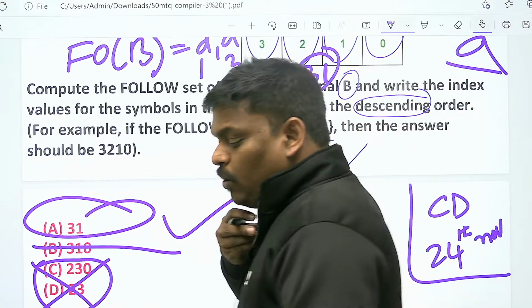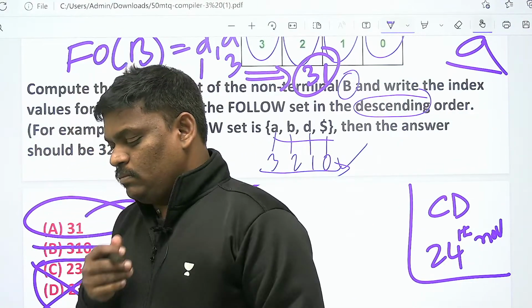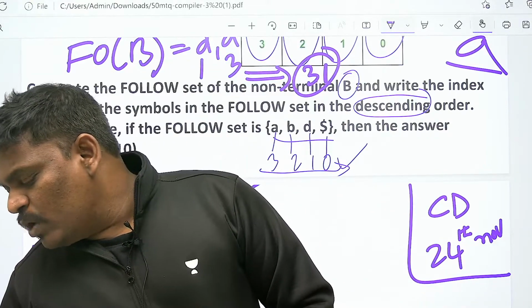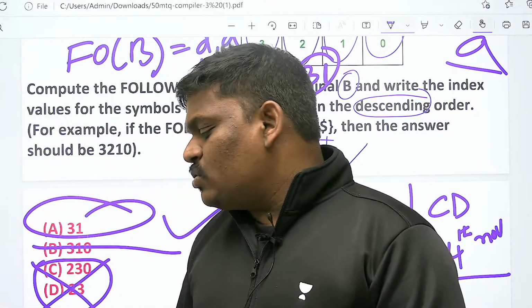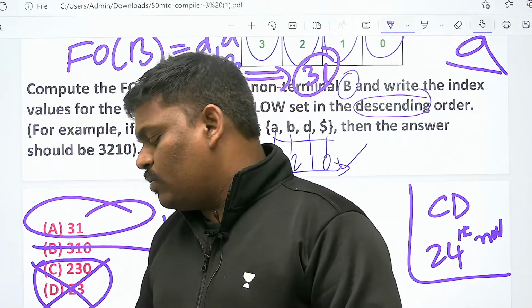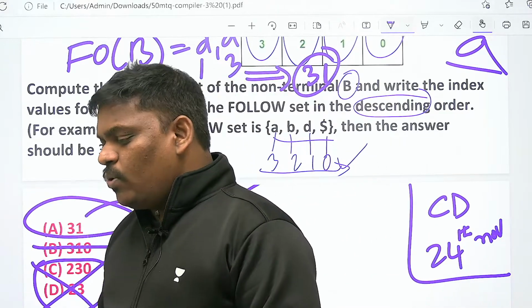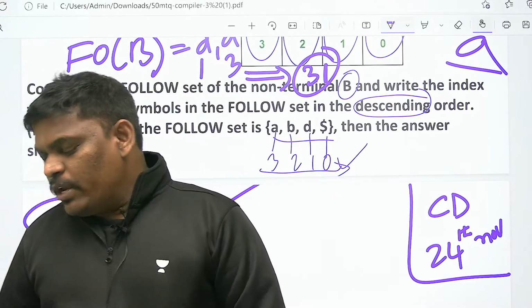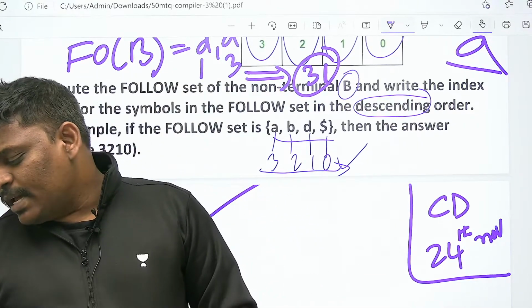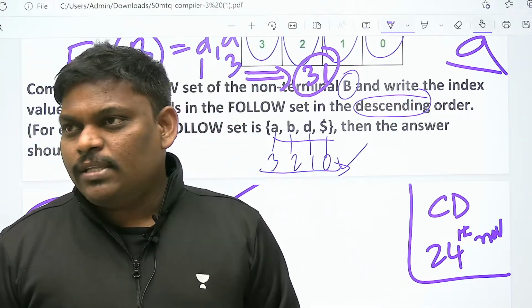Check if anyone has a doubt. Those people who are watching, instead of sitting like a stone, why don't you ask your doubt? How can you sit like a stone? Say, sir, this is my doubt.